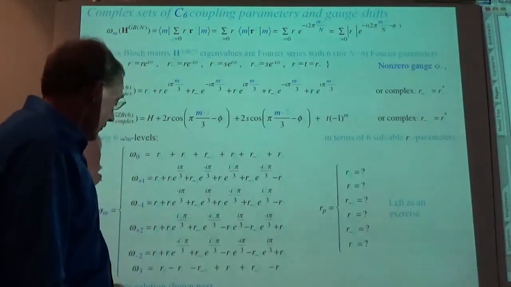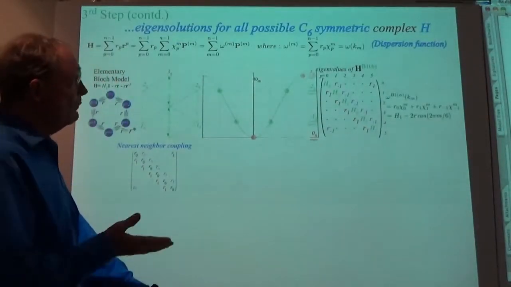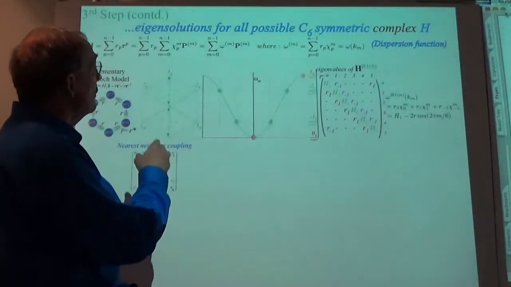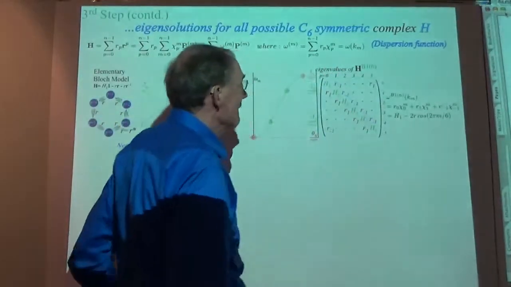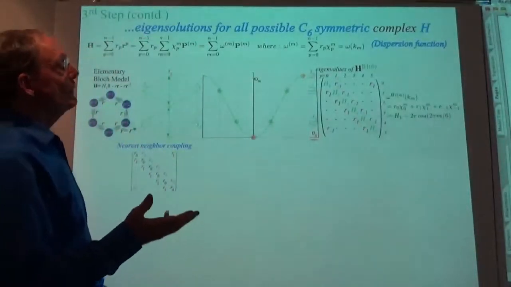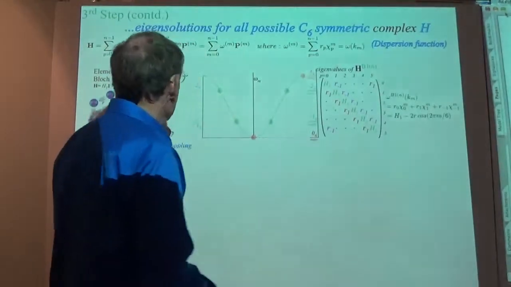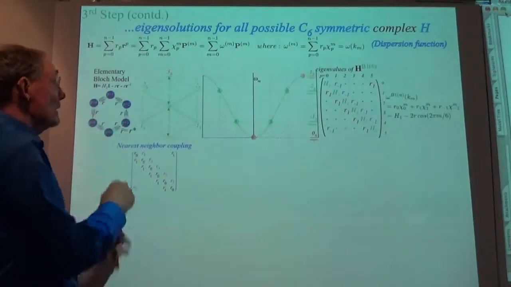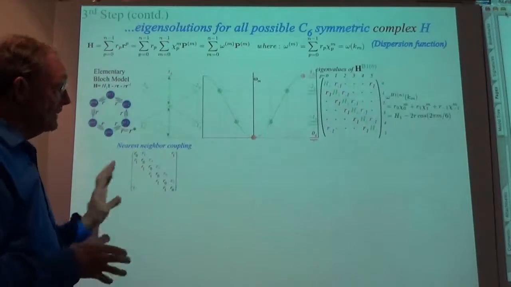Okay? I want to show instead the geometrical solution, geometrical way to view it. Okay? Go back to our 3rd step, okay, where we wrote the dispersion function. Okay? And let's just do it complex for only the nearest neighbor. The nearest neighbor couplings. Only thing I'm going to try. We're going to make them complex. Okay, so I'm going to have an extra parameter here.